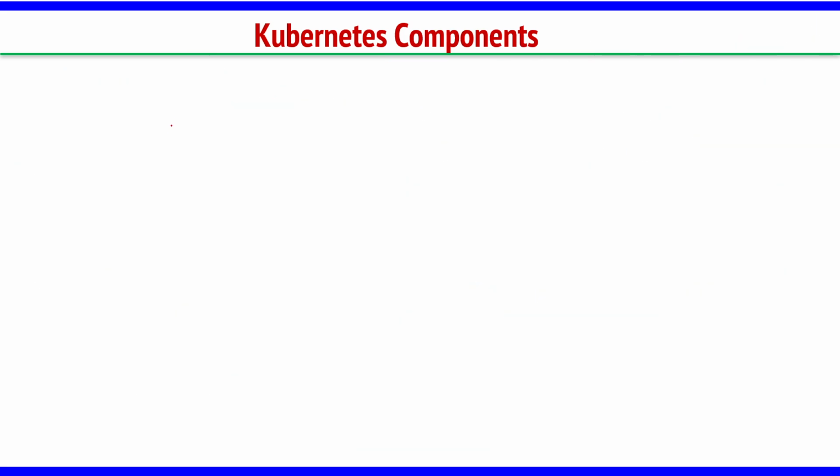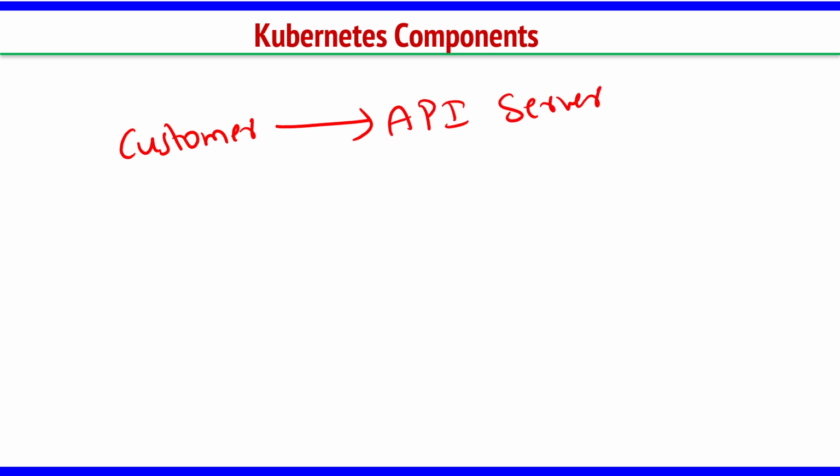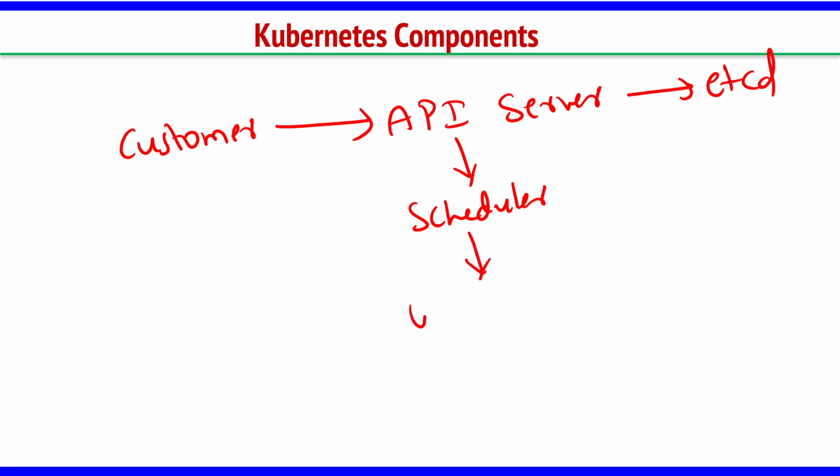Okay, if I summarize that, there is a customer, he gives a request, and where does the request go? The request goes to the API server, and that request is stored in the persistent store, etcd. From here the scheduler comes into the picture. What is the job of the scheduler? To assign nodes for the pods. Then he decides the worker nodes, he decides the chef.